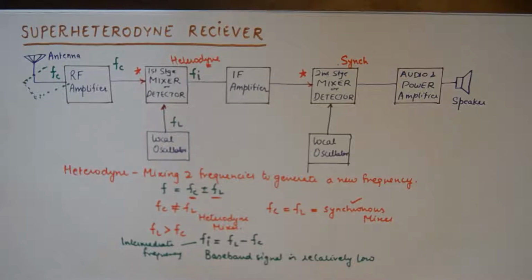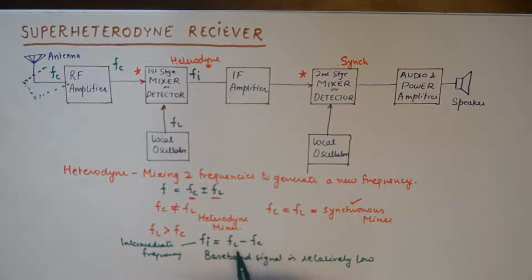So we want to approach a lower frequency, and getting a lower frequency at the output of the mixer can only be obtained if we subtract FC from FL. Had we added FC to FL, we would have gotten an even higher frequency than the carrier frequency.